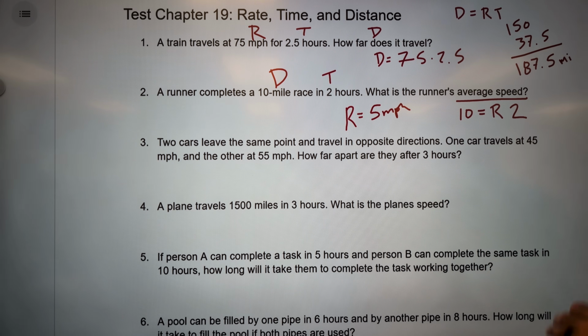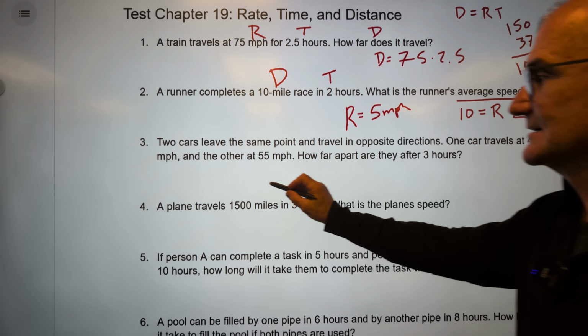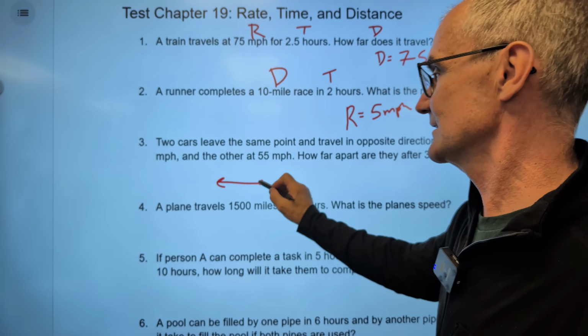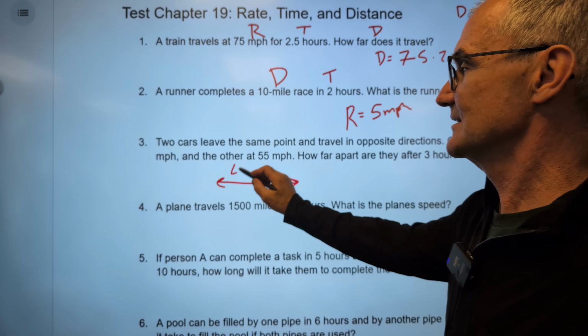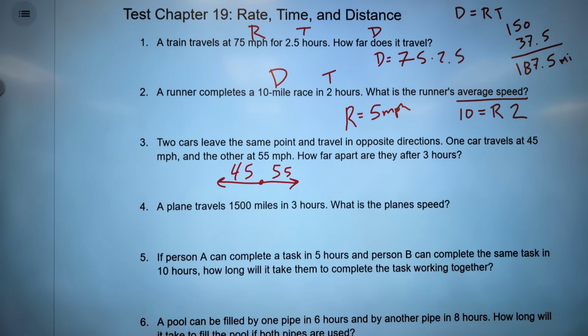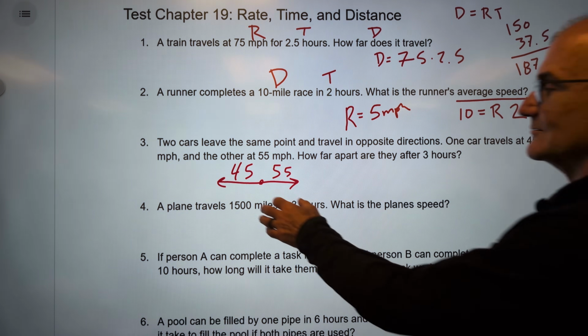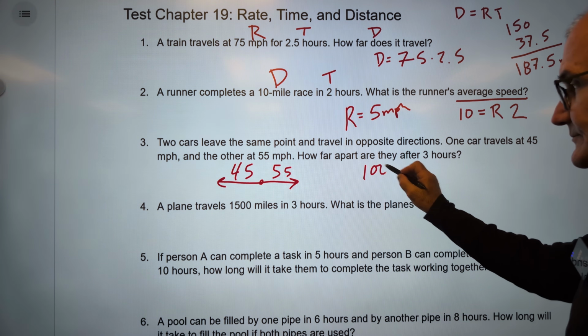Number 3, two cars leave the same point and travel in opposite directions. So I start here, one's going this way, one's going this way. One car travels at 45 miles per hour, the other at 55 miles per hour. I know that they will be 100 miles apart after 1 hour.